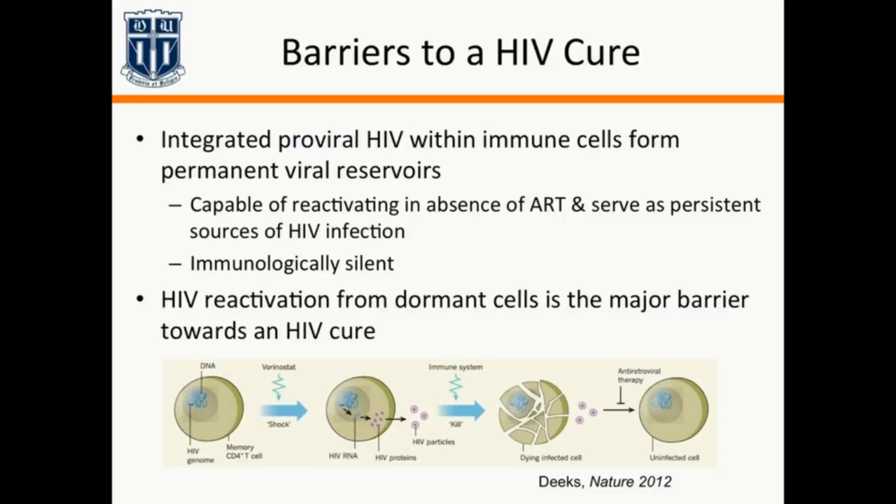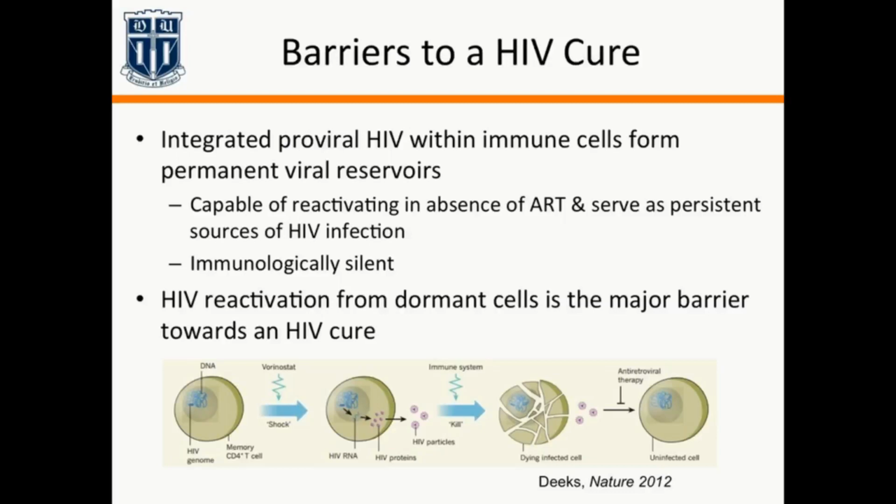Right now we have what is considered to be a functional cure for HIV, where we inject people with antiretroviral therapies or they take it orally. And this activates the immune system and it kills any cells that are actively producing HIV virus. But there are also a very small subset of cells that remain immunologically silent. They, for all practical purposes, cannot be recognized by the immune system to be killed.